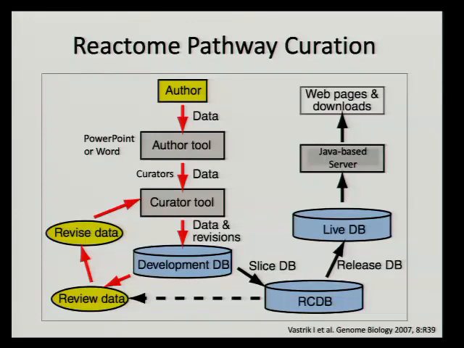In case you are curious how we actually do annotation, here is a pipeline. This is a very simple pipeline of how we do manual curation. Basically, we recruit external biologists, whom we call authors. They can use a software tool called the Author Tool, or they can just use Microsoft Word or PowerPoint.